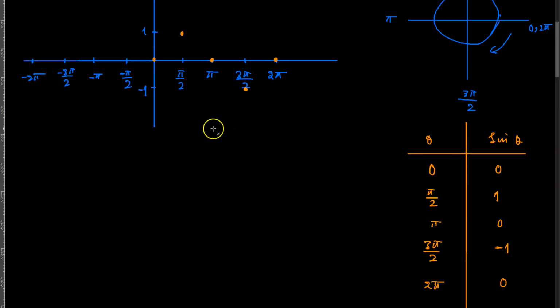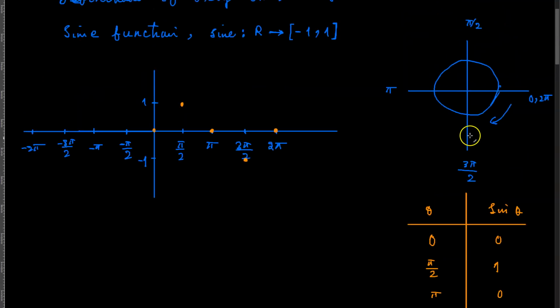If you go in the other direction, sine of negative pi by 2 would be this angle over here, meaning you have to move in this direction. So the sine of negative pi by 2 is the same thing as the sine of 3 pi by 2, which is negative 1.